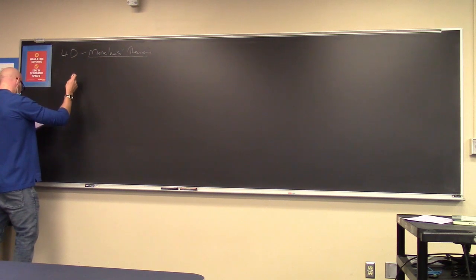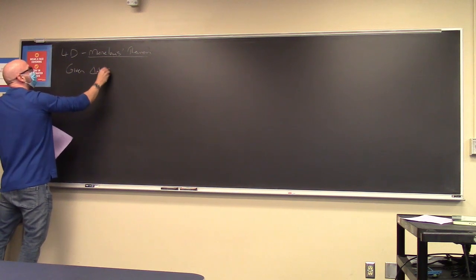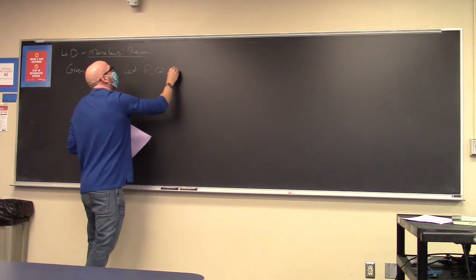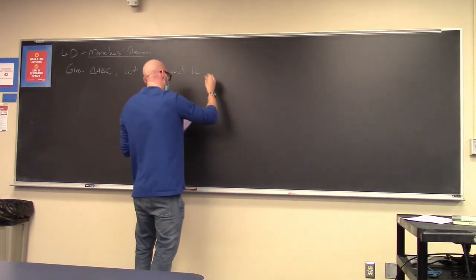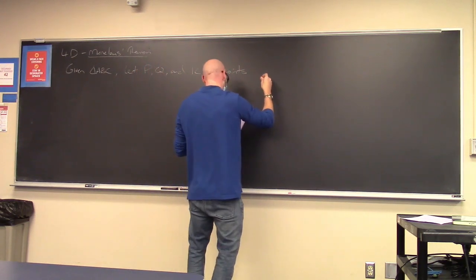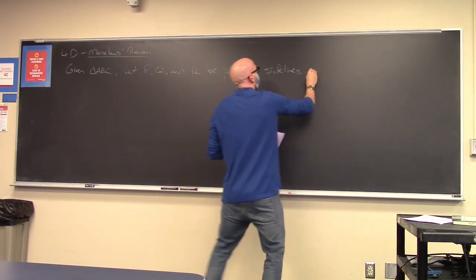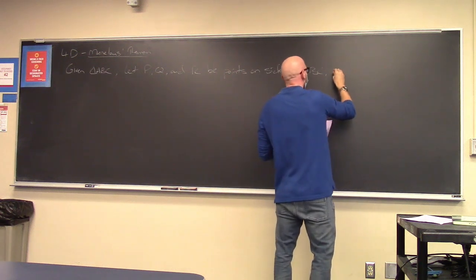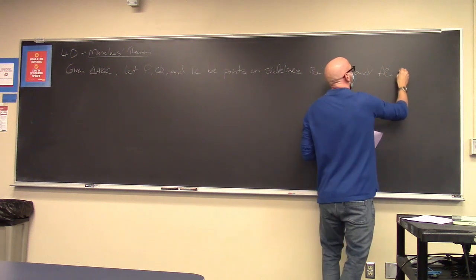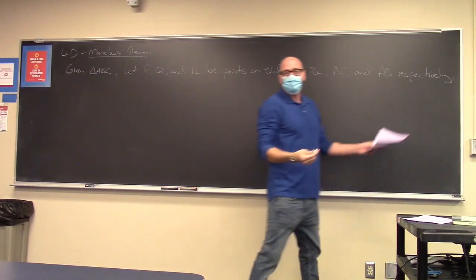So, given a triangle ABC, just as usual, let's let P, Q, and R be points on the sidelines BC, AC, and AB, respectively, and not equal to any of the vertices of the triangle.